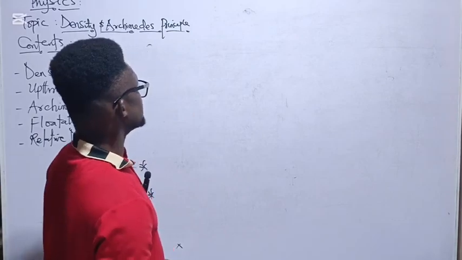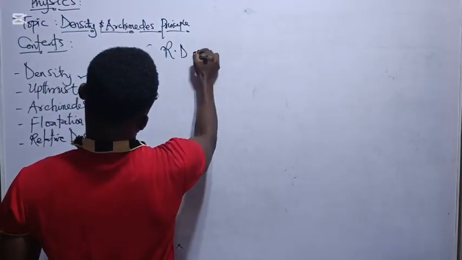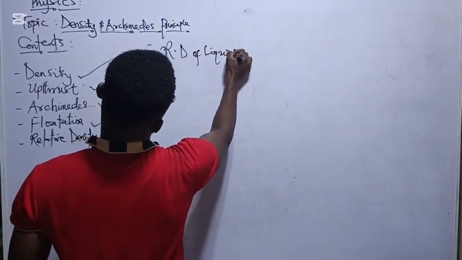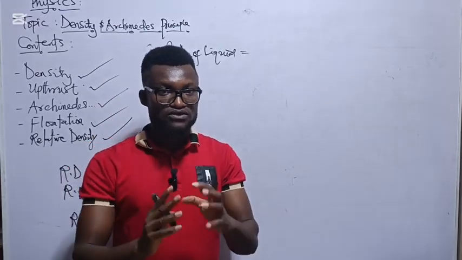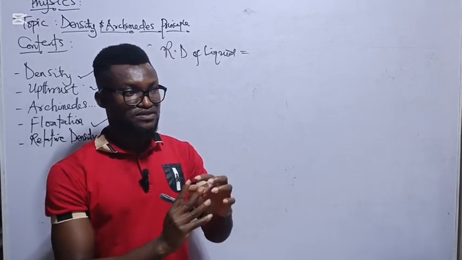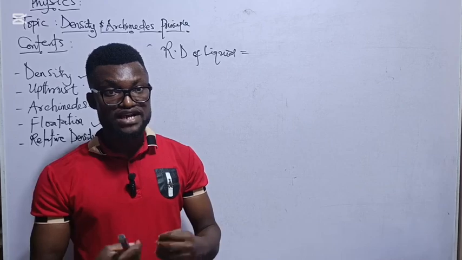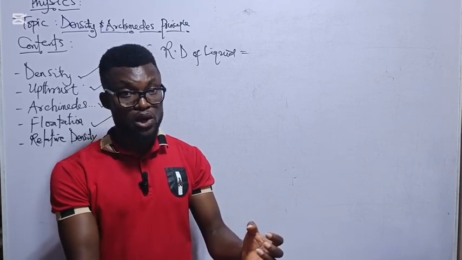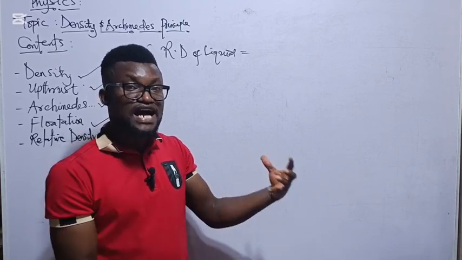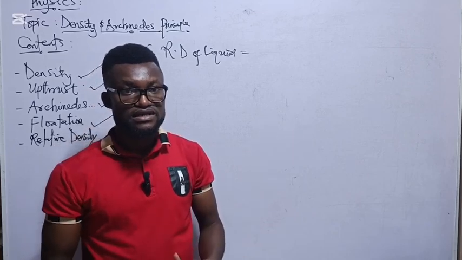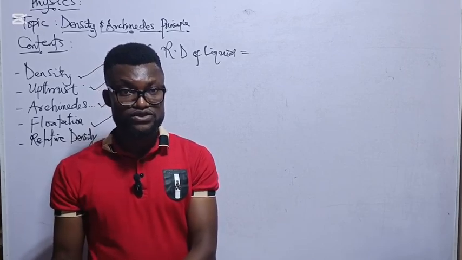Now, what about liquids? For the relative density of liquids, first we have to consider a particular substance. Maybe you now want to get the relative density of a liquid, say kerosene. Then you get, for example, a solid ball. You immerse that very solid ball into that kerosene. It displaces a volume of liquid which has a weight known as upthrust.